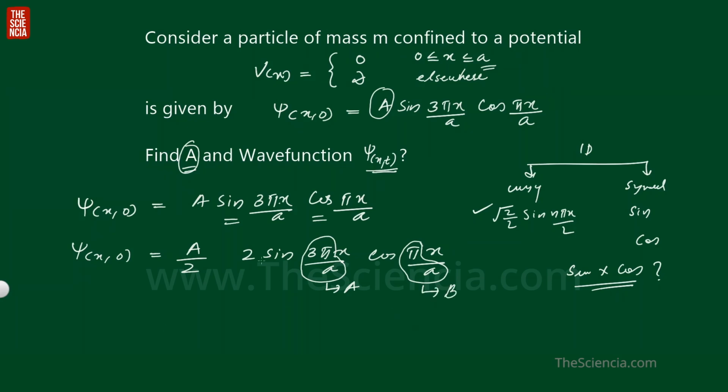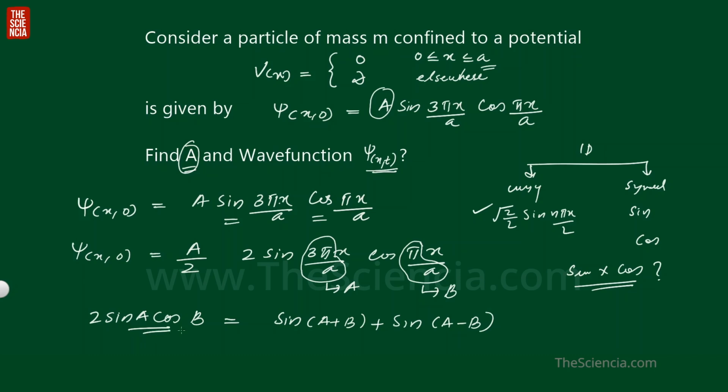See, now this expression is nothing but 2 sine a cos b. I think you are familiar with this expansion, that is 2 sine a cos b equal to sine a plus b plus sine a minus b.